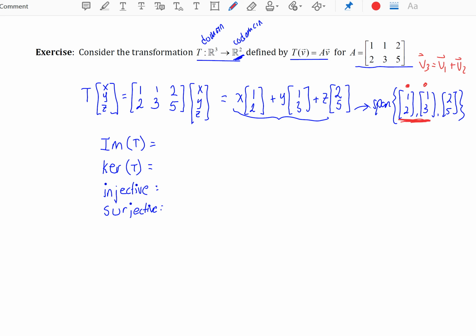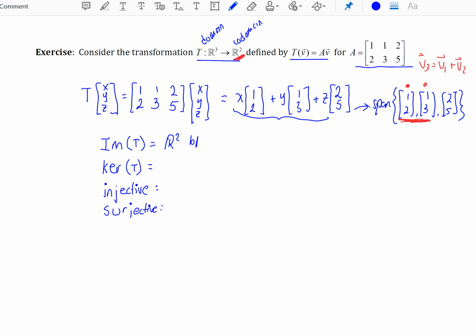Now consider we have two linearly independent vectors and we're taking all possible combinations of these. Will these two vectors span R2? And now I'm referring again to back in chapter 3.6. Since we're mapping into a two-dimensional vector space and we have two linearly independent vectors, we can say that the image of T is all of R2.